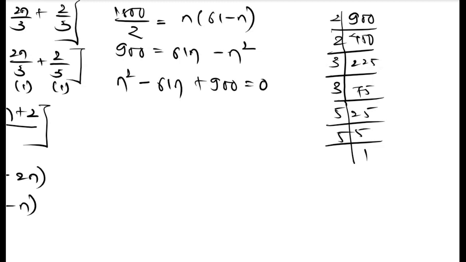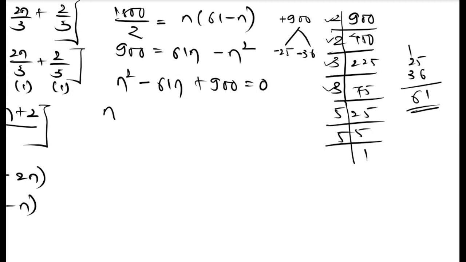So 2 2s are 4, 3s are 12, 3s are 36 and 25. 25 plus 36, I think we'll get it. 5 plus 6, 11, and yeah, 61. Great. So the 2 factors of 900 will be 25 and 36, both minus.